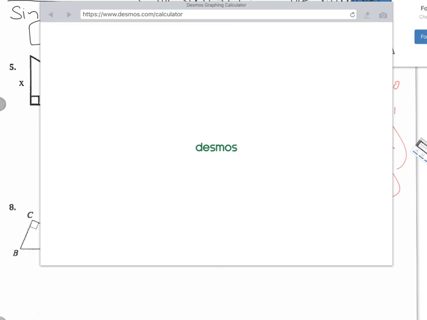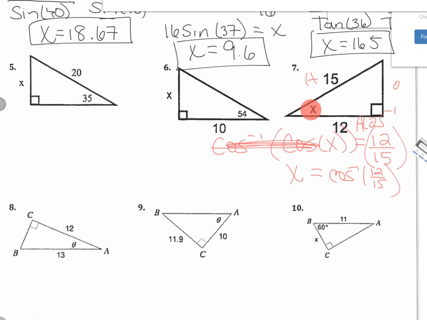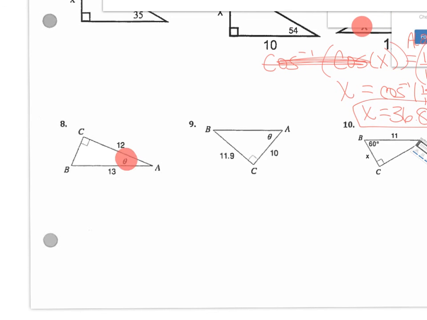I get 36.8. So x equals 36.8 degrees. Because this is an angle, don't forget your degree sign. Okay? So if we look at number 8, I'm looking for theta.